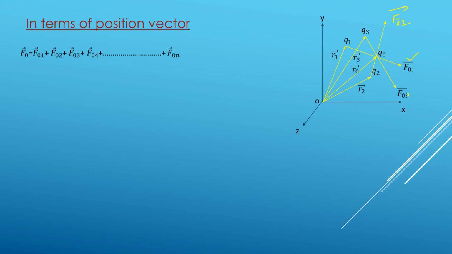So according to the principle of superposition, the net force will be the vector sum of the forces between q1 and q naught, q2 and q naught, q3 and q naught, and so on.